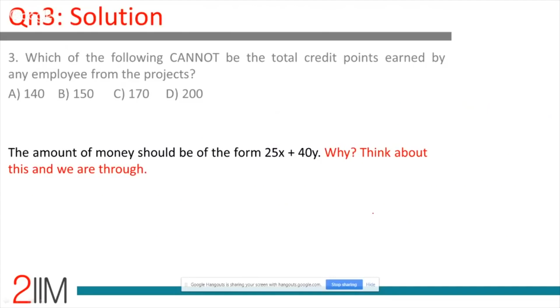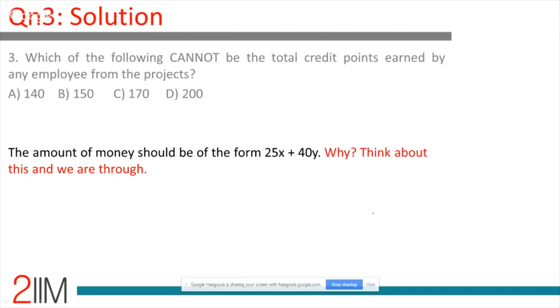The amount of money should be of the form 25x plus 40y. Think about this. The employee could have worked in standard projects in x number of months, and in challenging projects in y number of months.